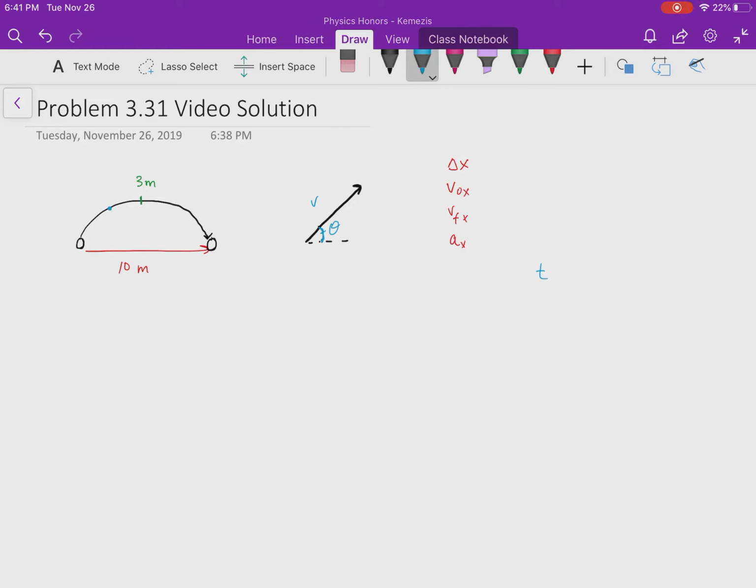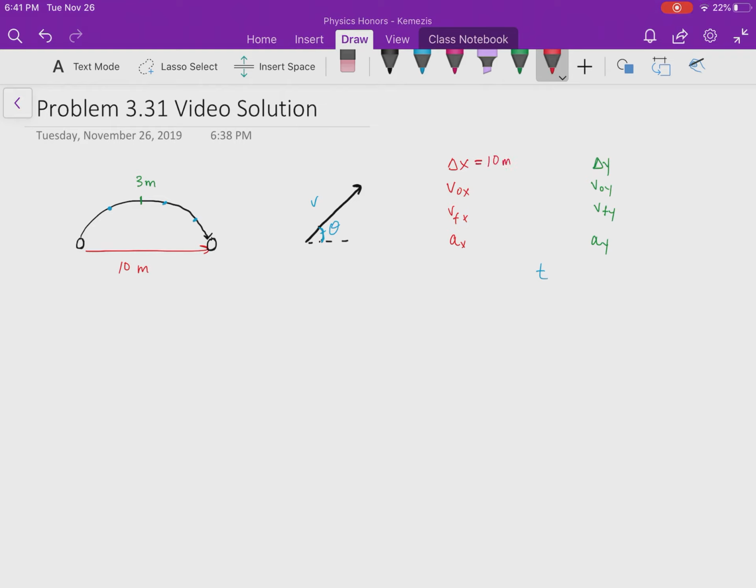This mountain lion, at any one time, has its x and y tied to each other. So t is what connects both of them in general when you're dealing with these types of problems. And then we have delta y, v naught y, vf y, acceleration in the y direction, and again, time is there for both of them.